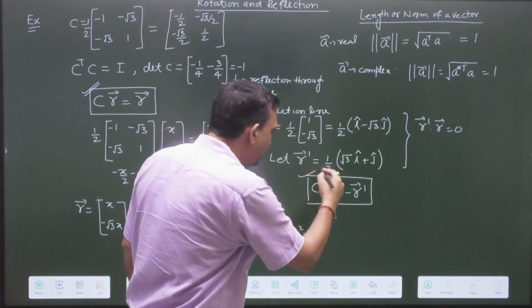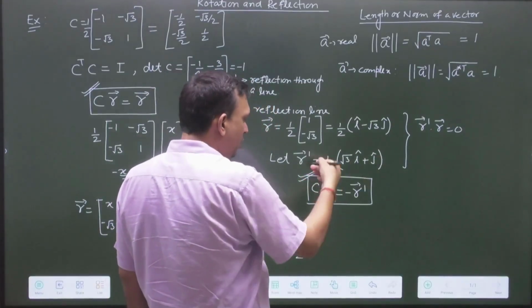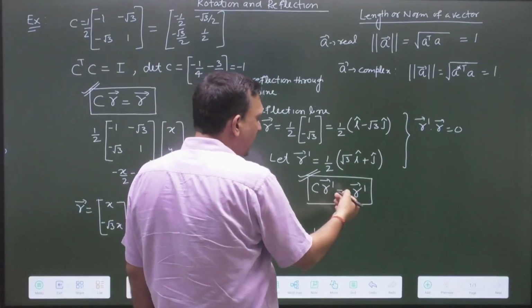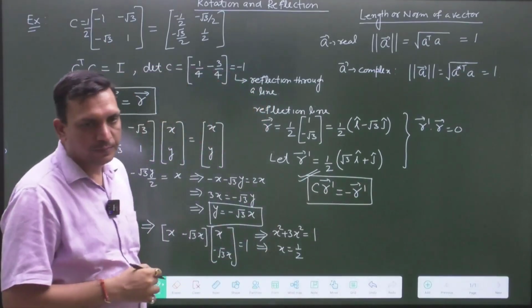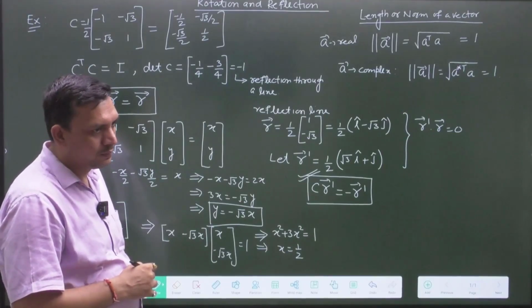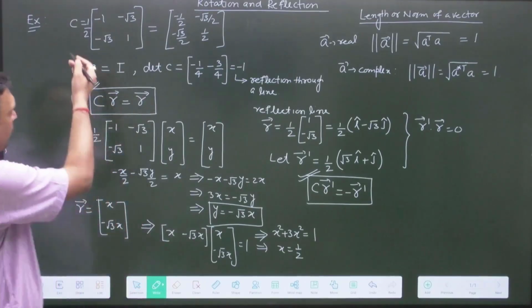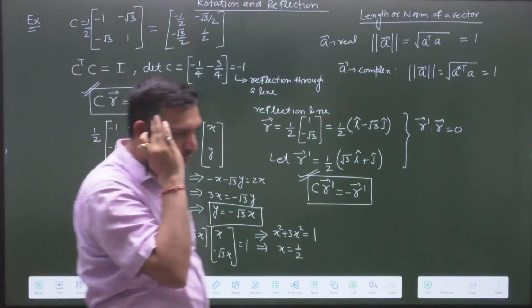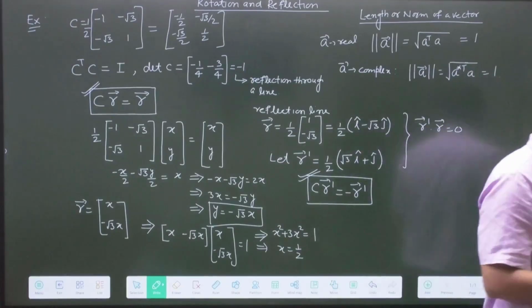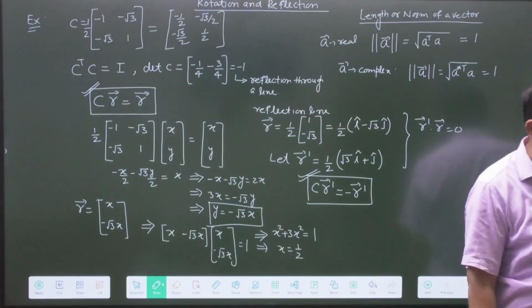I am taking one example. Just operate this, you will get C R dash is minus R dash. So matrix C is given, and you have to see what type of transformation this matrix corresponds to. So this corresponds to reflection through a line.